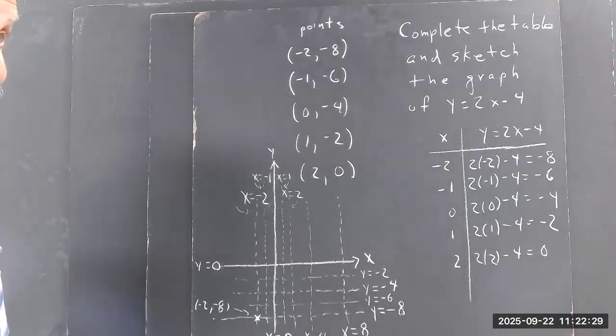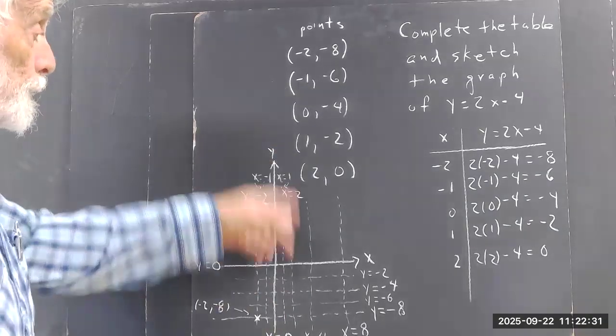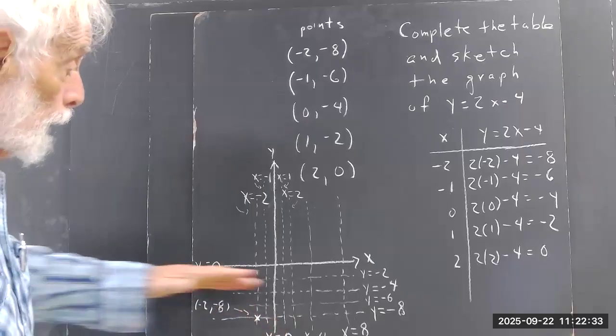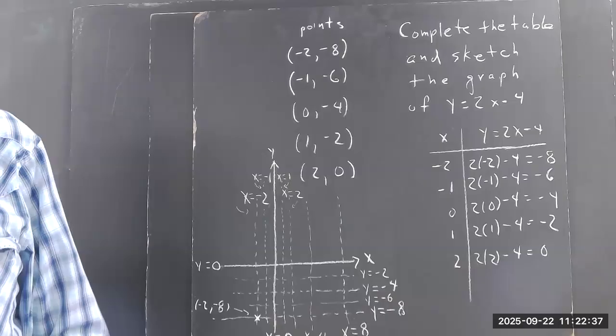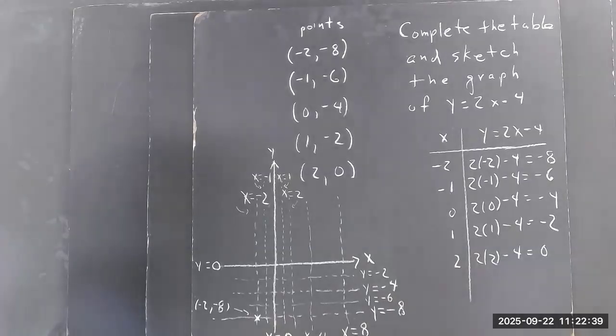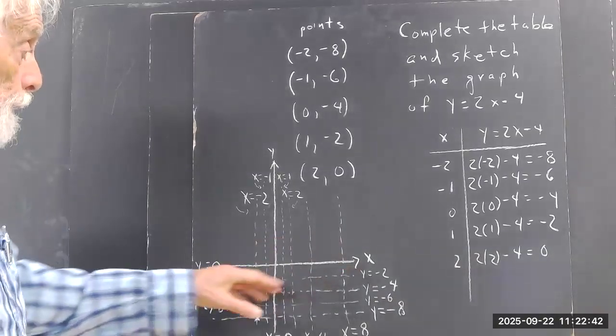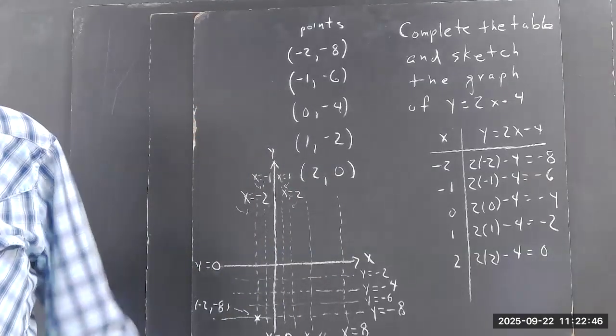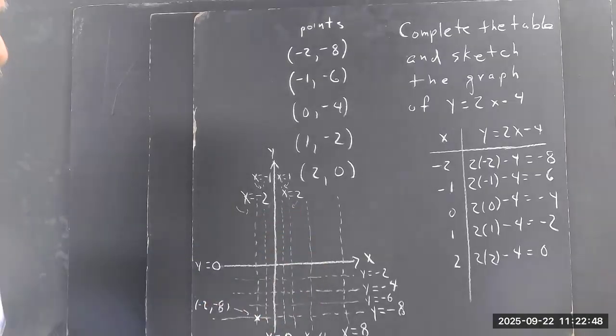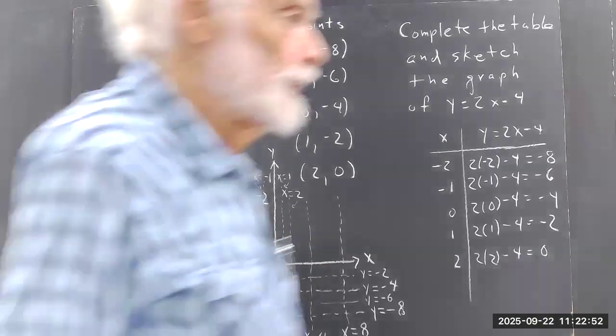It also reinforces the fact that x equals something is a vertical line and y equals something is a horizontal line. All right. Now, bottom line, if you marked off 10 points here and 10 points here and put the points in the right location, fine. I'm just showing you the way I kind of prefer to do it.